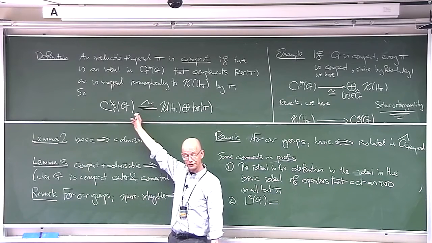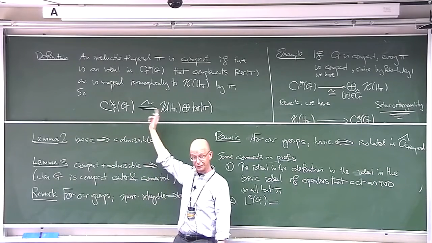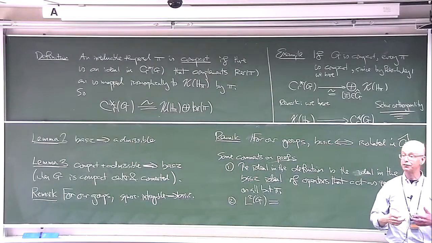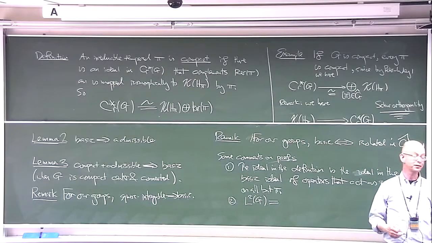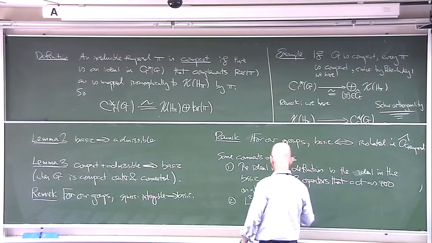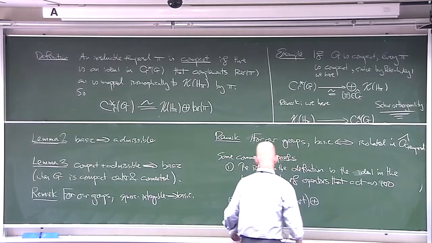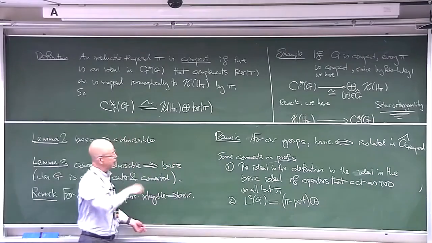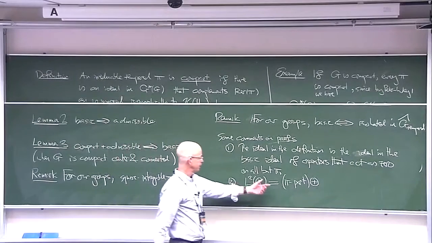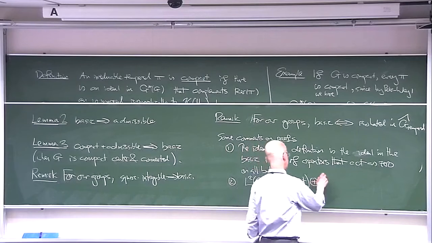If you have a compact representation of a C-star algebra, this one here, then in particular the C-star algebra is a direct sum of two bits. And what that means is that every representation of the C-star algebra is a direct sum of two bits, one of which is a representation of one summand, and the other of which is a representation of the other summand. And so each time you have such a decomposition of a C-star algebra and a representation of that C-star algebra, the Hilbert space will break apart into some subspace plus an orthogonal complement.